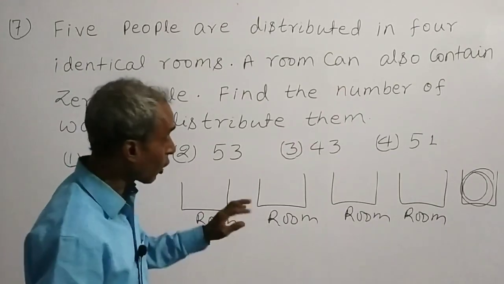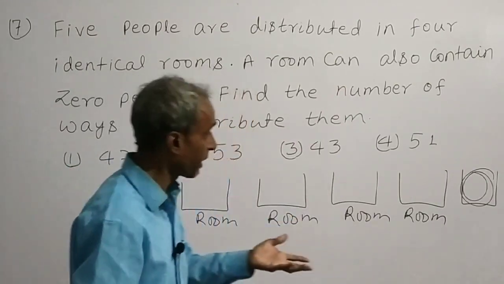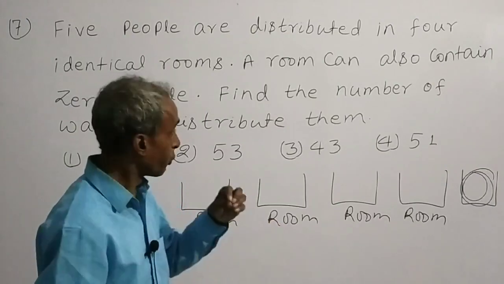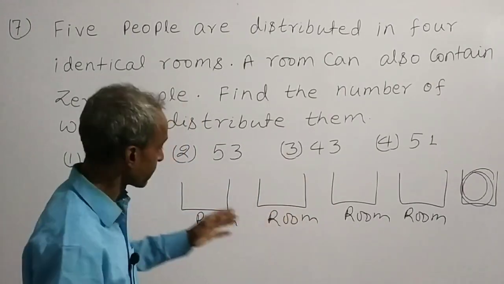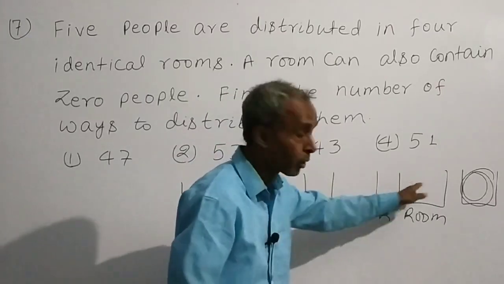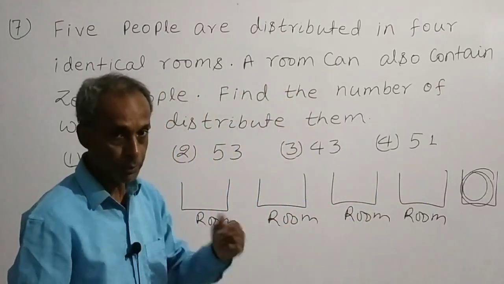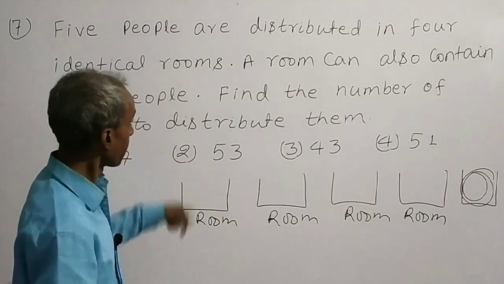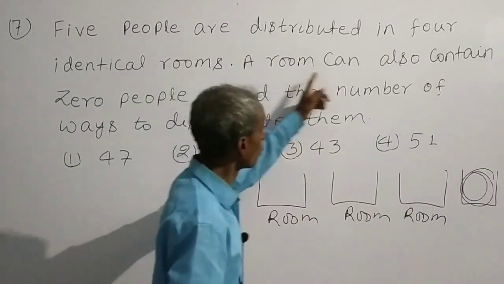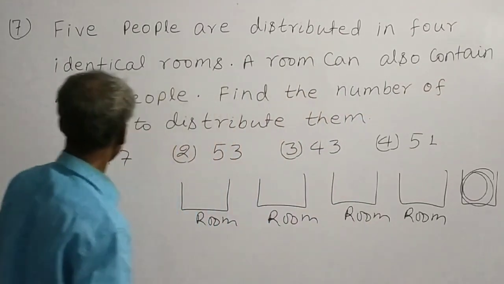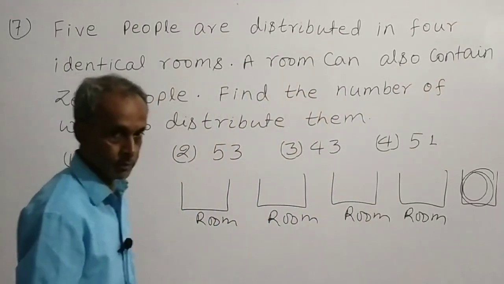The number of ways of doing this will be the same as when we distribute 5 different things in 4 identical boxes. But in the question, it is said that a room can also contain 0 people.